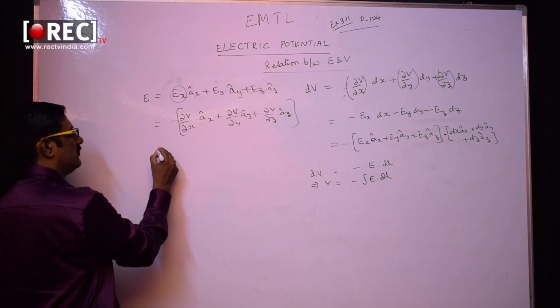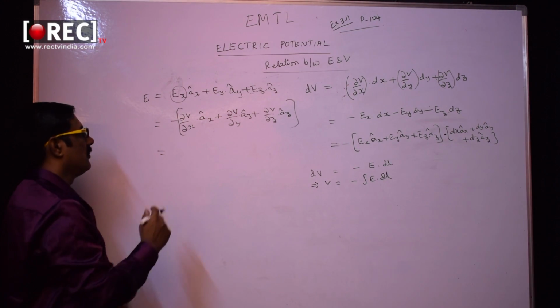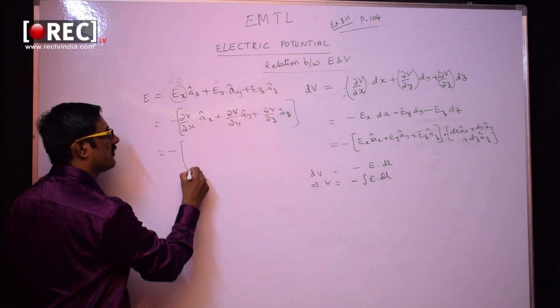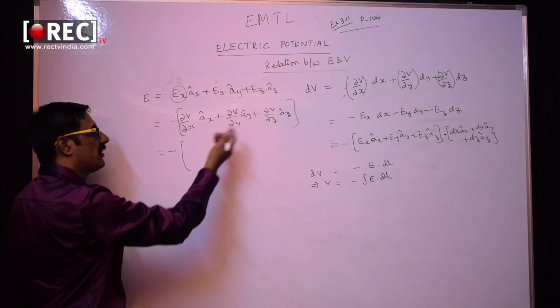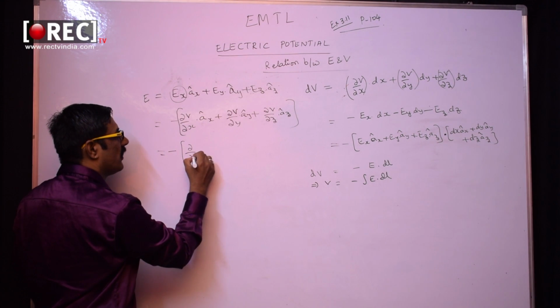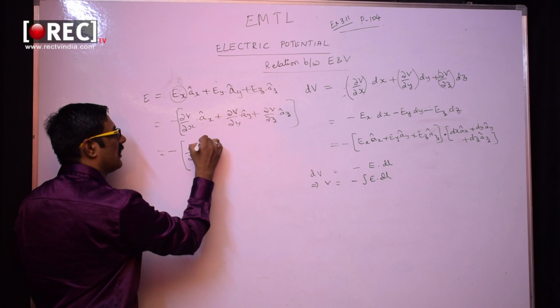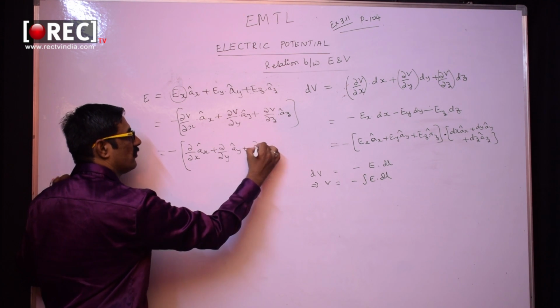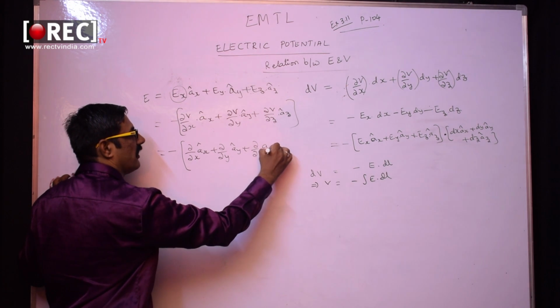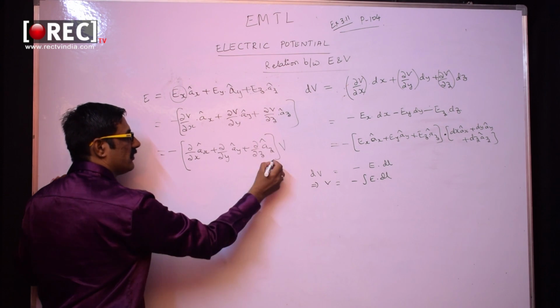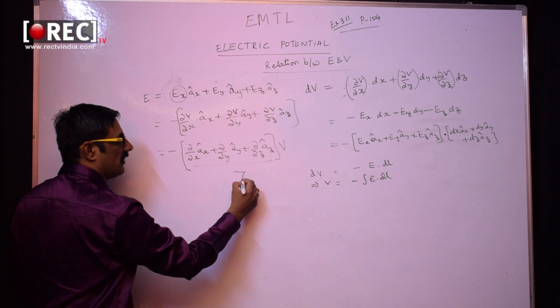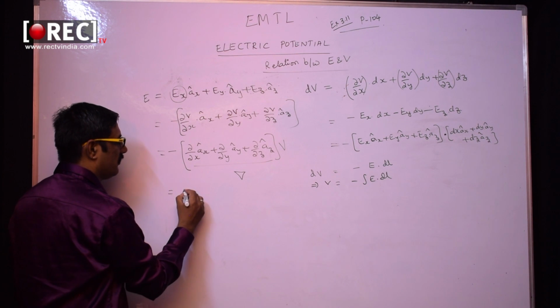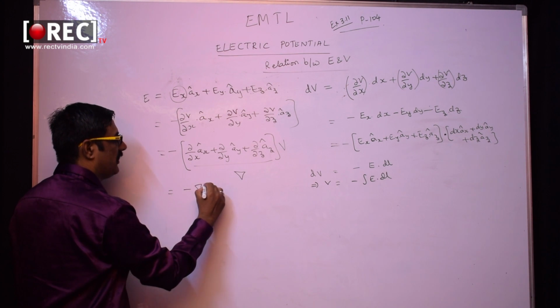Now I can write this as minus, just taking V outside the brackets, ∂/∂x of ax cap plus ∂/∂y of ay cap plus ∂/∂z of az cap, into V. The term in the bracket is del. So E is equal to minus del V.